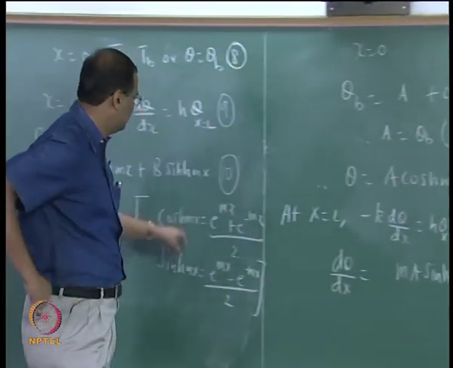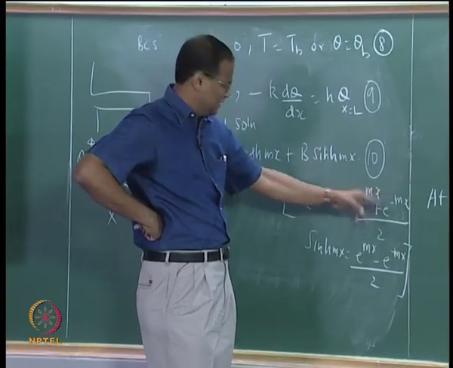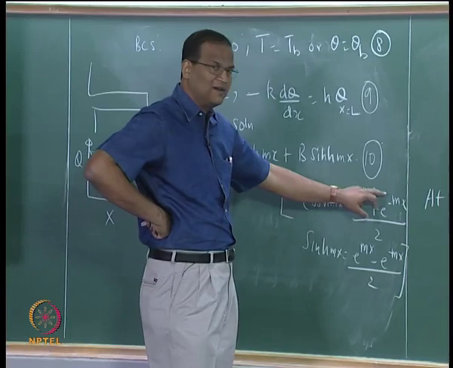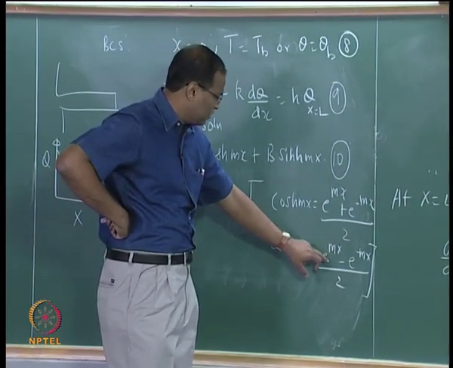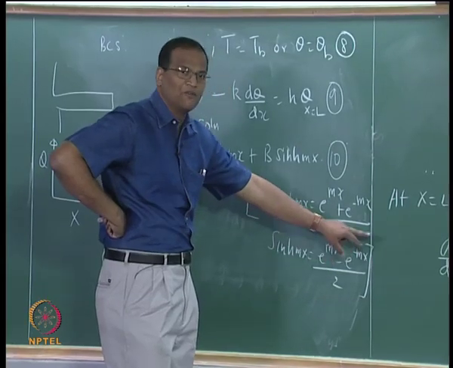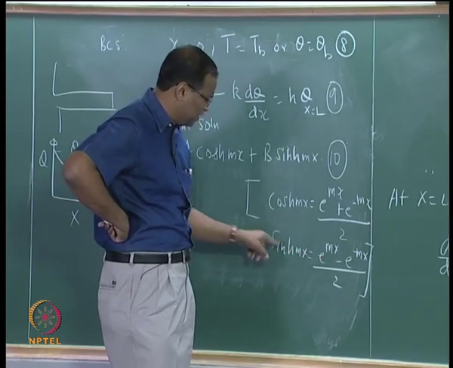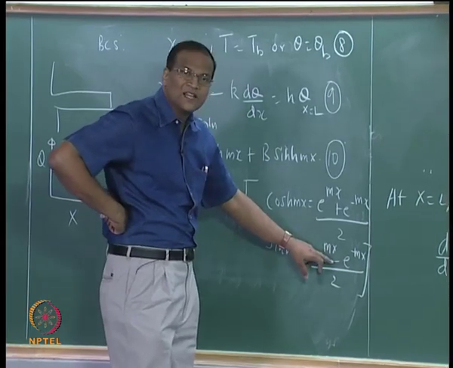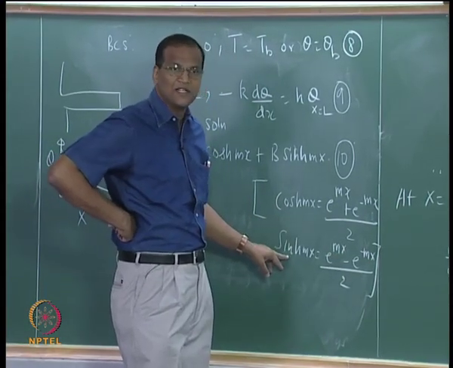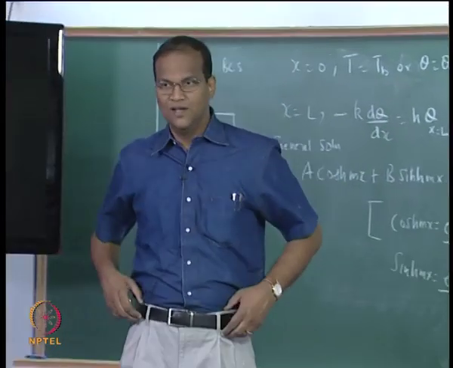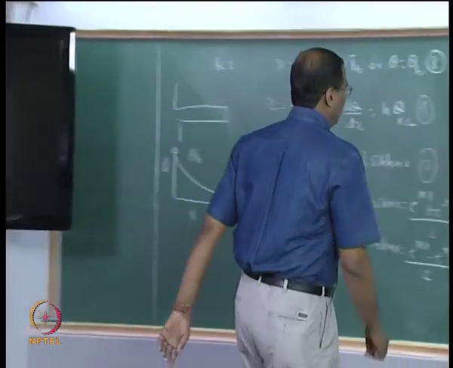D by dx of cos h will be e to the power of mx minus e to the power of minus mx, m will be there. Okay, so it will be m sin h mx. This will be m e to the power of mx plus m e to the power of minus mx divided by 2, m you take out, it will be sin h will be m cos h mx. Because there is a minus sign, you will be tempted to believe that it will be minus cos h mx, it is not. Okay, it is cos h mx.